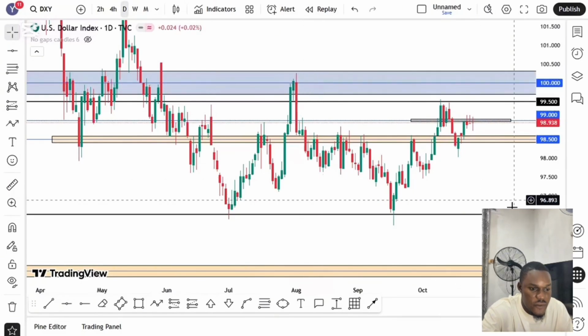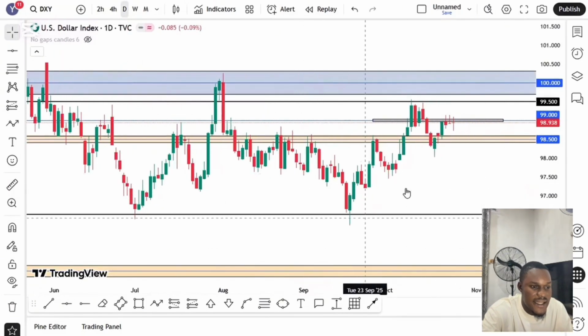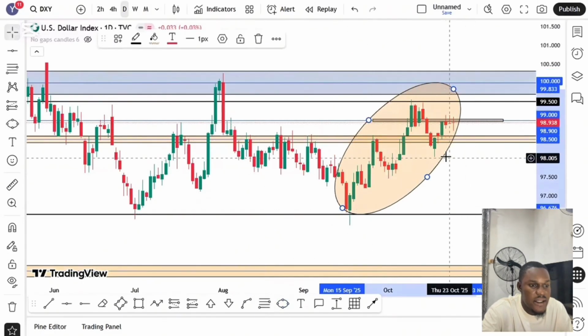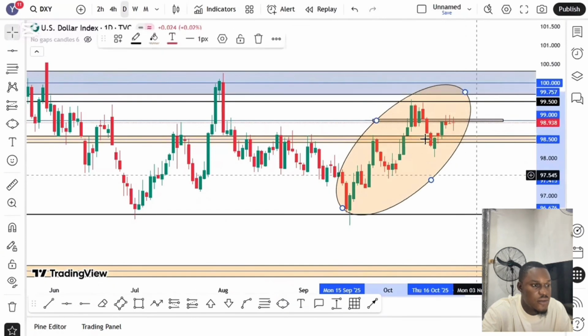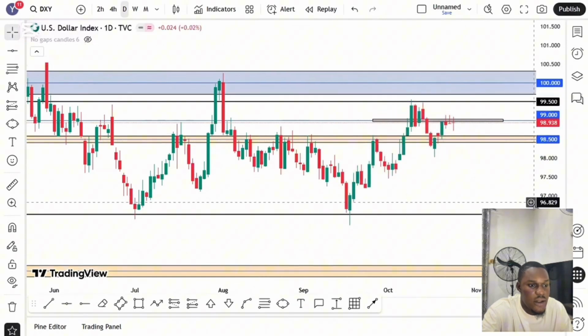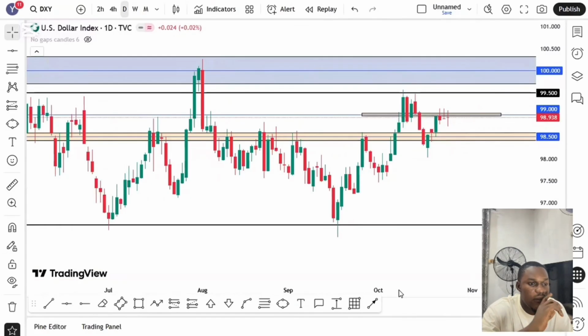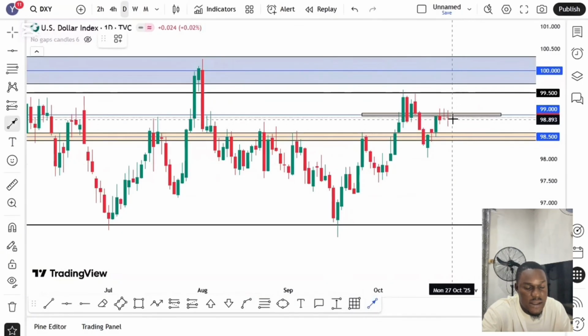Also, if you check properly on this second leg of this DXY, the market has been making a series of higher highs and higher lows, which means I expect the dollar index to be strong in the coming week, starting from Monday to Friday.